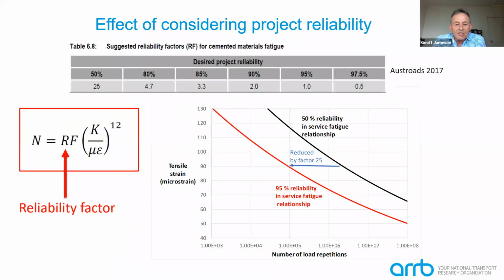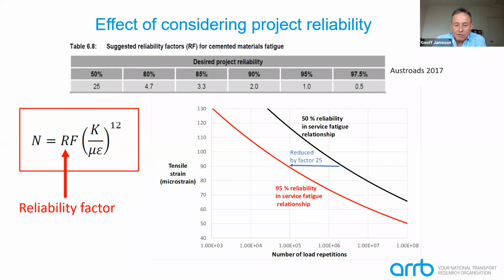In fact, this is the slide here where I'll be talking about reliability factor. And so as we've mentioned in previous weeks, we have in our design process an allowance for the variability in performance between projects. Not all projects will perform the same. And so we need to allow for that variability in our predictions of how long pavements will last. And we do that through the inclusion of reliability factors.